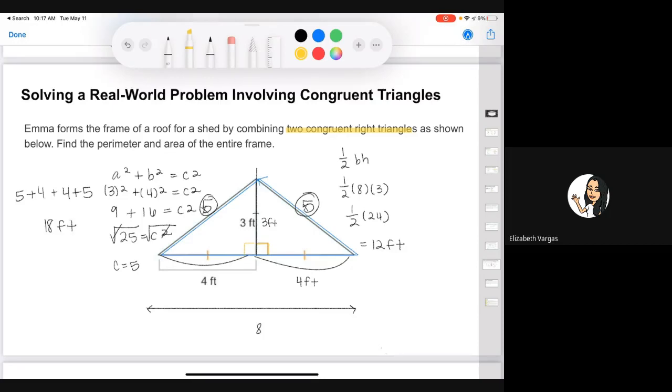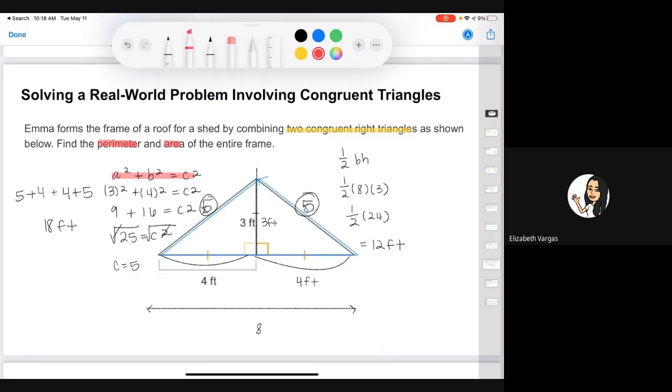So what I'm able to do with this problem is, because I know that those two figures are congruent to each other, I can identify the matching parts. If those two figures are congruent, they're going to have equal parts. So all the side lengths are going to be the same, all the angle measures are going to be the same. Using that information, I can find my perimeter and my area. But again, this one's a little more complicated because you do have to take into consideration the Pythagorean theorem, which we worked on briefly.